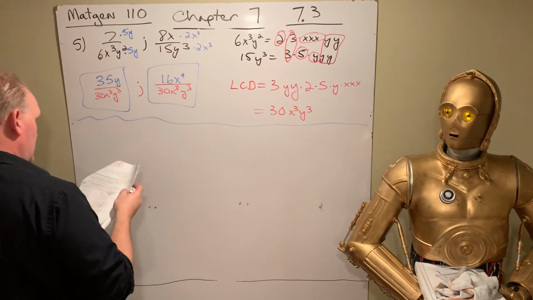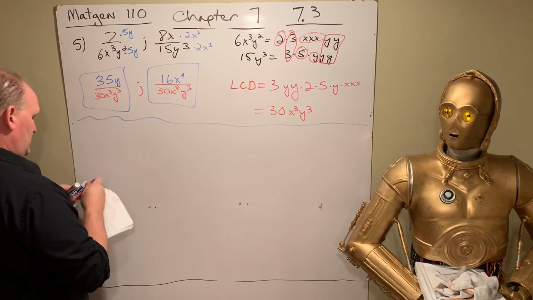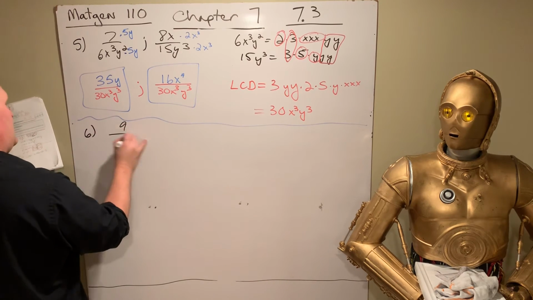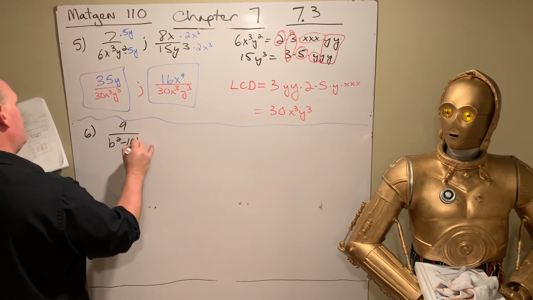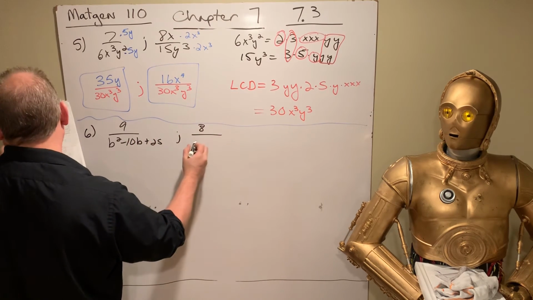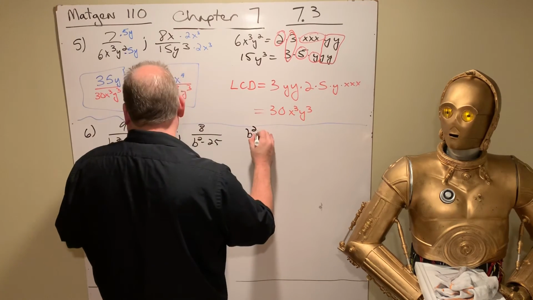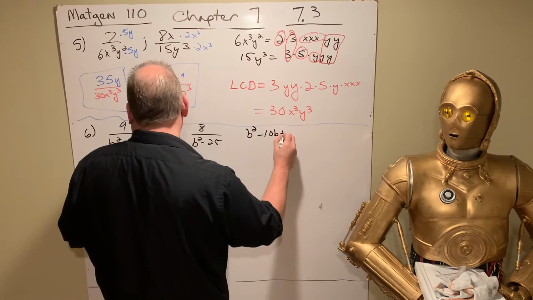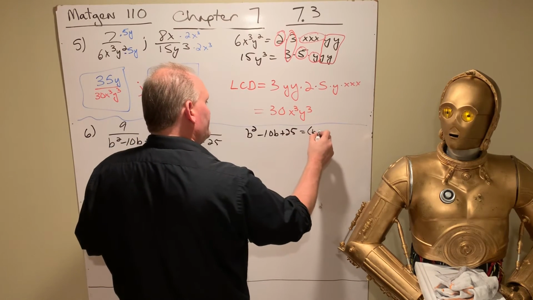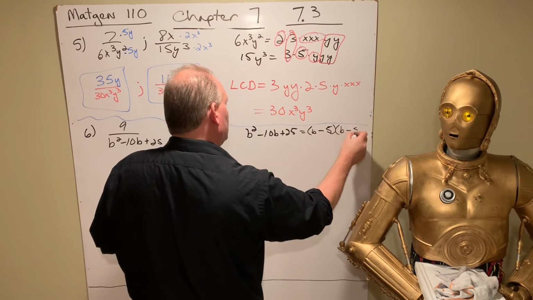All right, let's look at number 6, and that'll finish off these notes for this section. We got 9 over b squared minus 10b plus 25, and we got 8 over b squared minus 25. So when we pull this apart, b squared minus 10b plus 25, that's going to be b minus 5 times b minus 5, right?